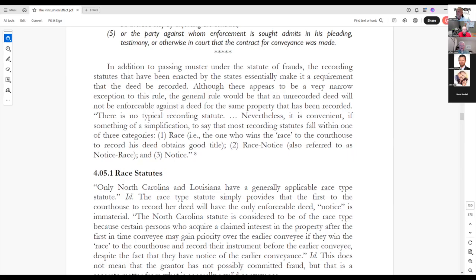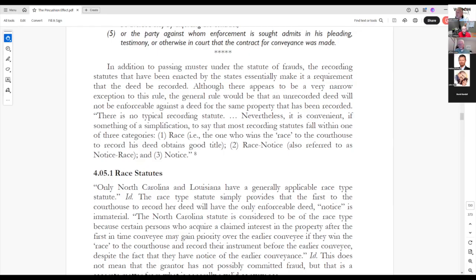Well, actual notice is going to be tougher than constructive notice, obviously. Because actual notice, I mean, you've got to be standing at the back door while the property's being conveyed on the kitchen table, and you've got to actually see the conveyance happen. That would be actual notice. Constructive notice, there's already something filed. So if you go in, something's already been filed and you file, well, it's automatic. It's not your property.